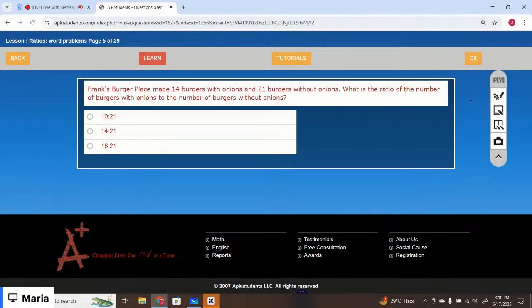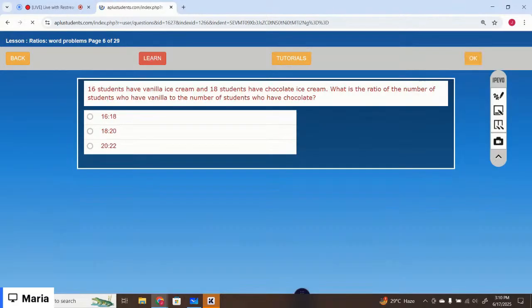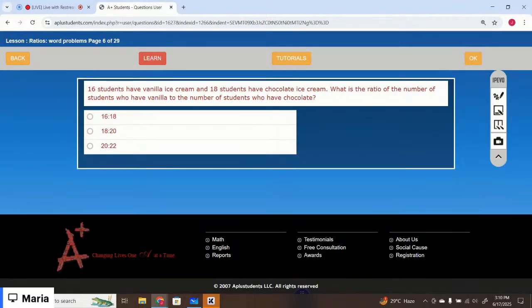That is 14 ratio 1. Option number 3 is the correct option. Okay, you can complete the rest of the session today.